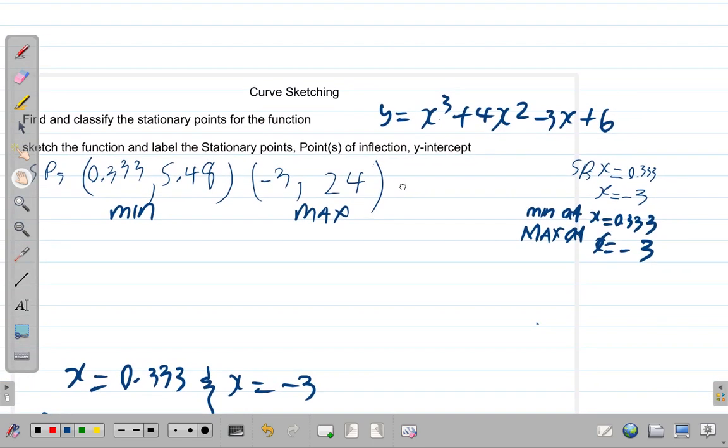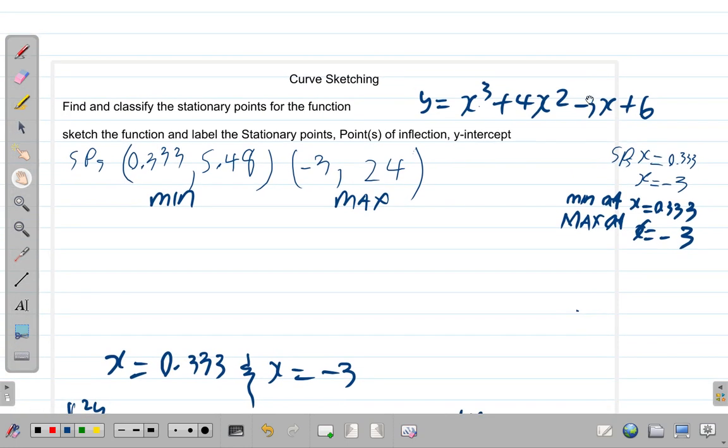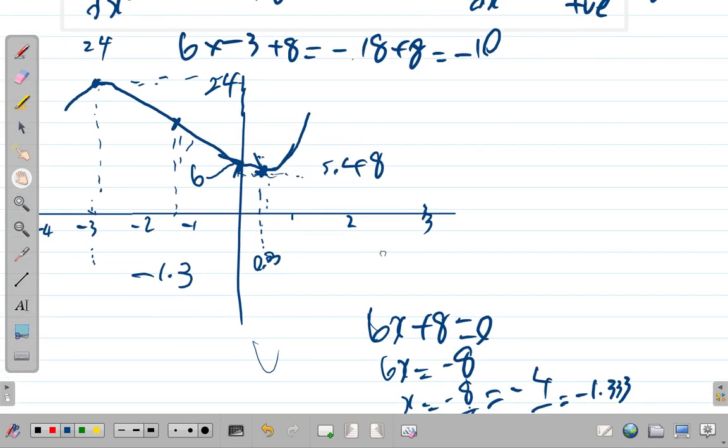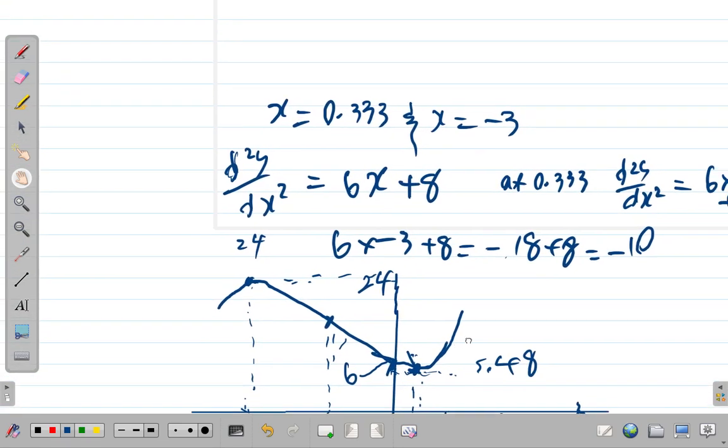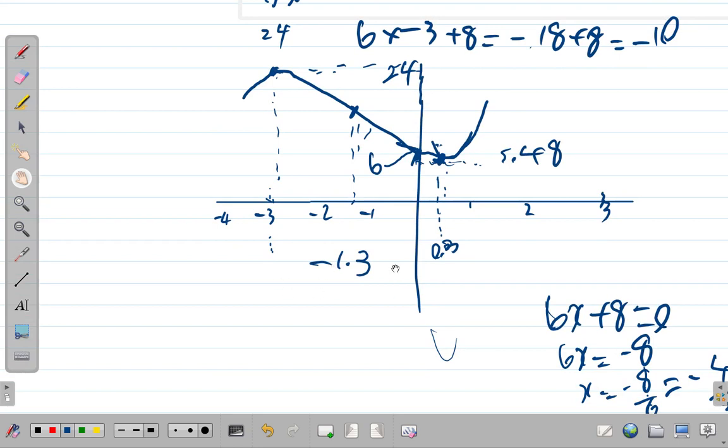We found the y-intercept. When x is 0, y is at 6. Good, good. Nice. Alright. So, that's the curve that we have there.